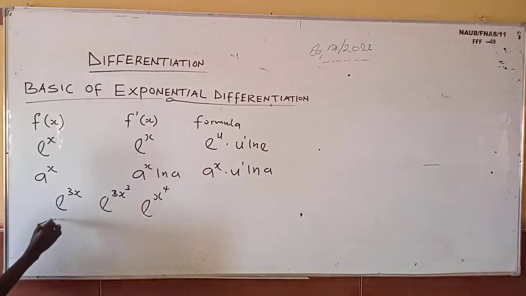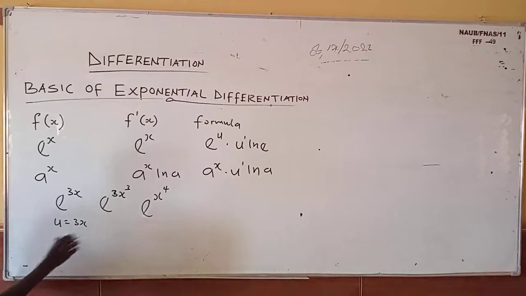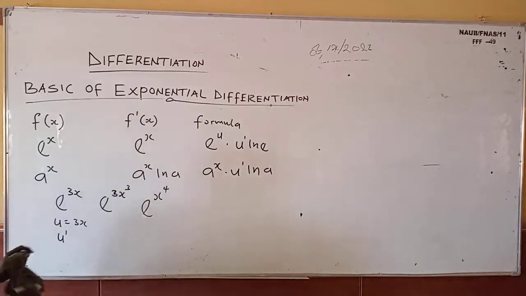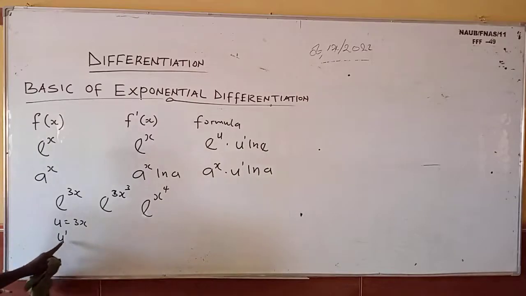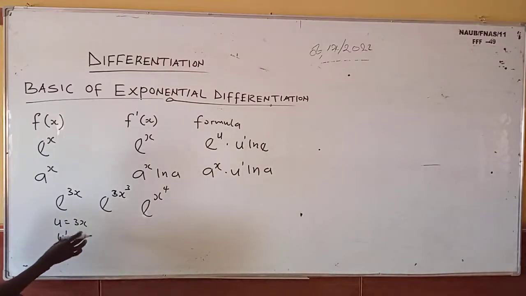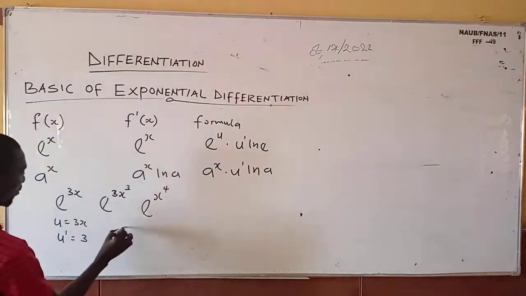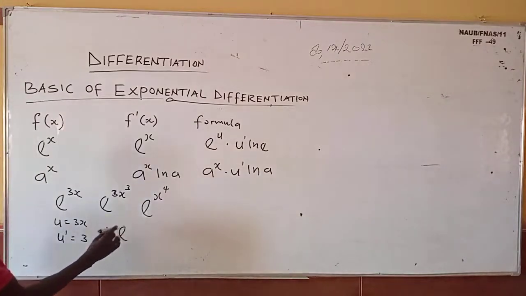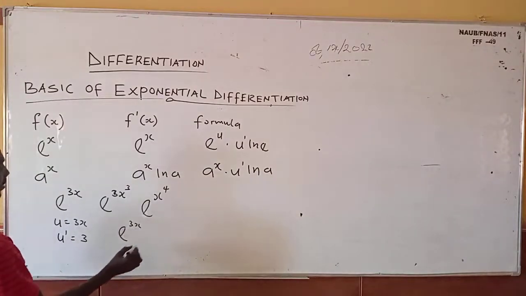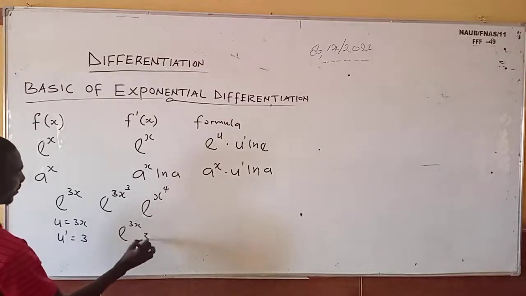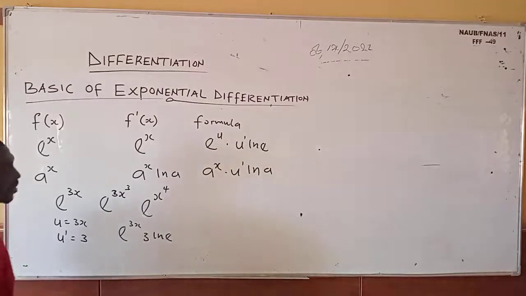So let u equal 3s. Then u prime is the derivative of 3s, which is 3. Substitute all this in your formula: exponential u, where u is 3s, multiplied by u prime, 3 ln e.